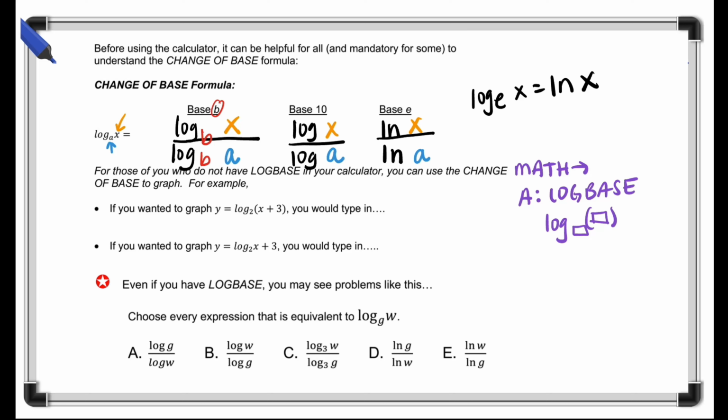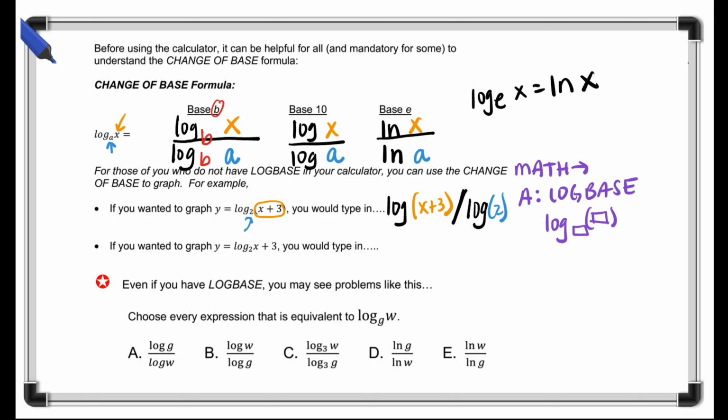So if you wanted to graph a logarithm and you were not able to use the log base in your calculator, because you don't have that option, you're just going to use your change of base formula. You would type in log of your argument, which in this case is x plus 3. You would divide, and then you would take log of your base, which is 2.